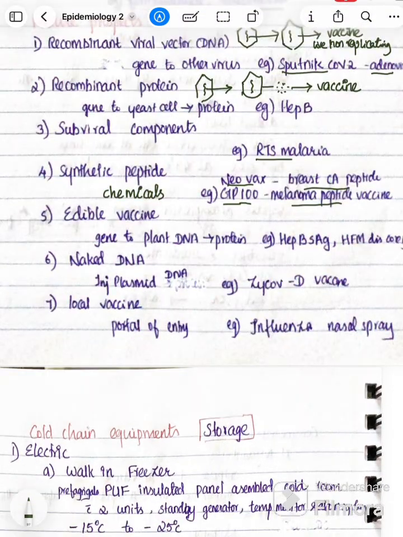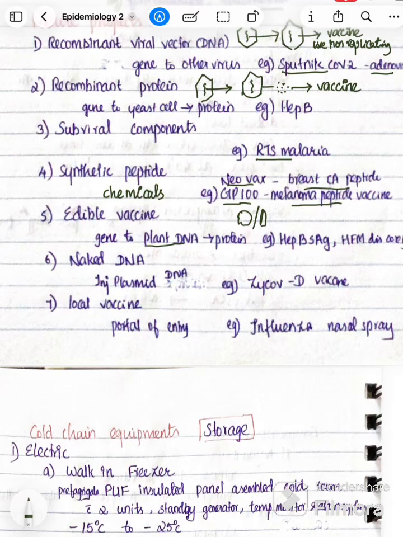We have edible vaccine. So some of the genes are inoculated into the plant's DNA. So that will produce the protein. So example, some potato or corn or tomato. So they'll be inoculating the gene into these plants.